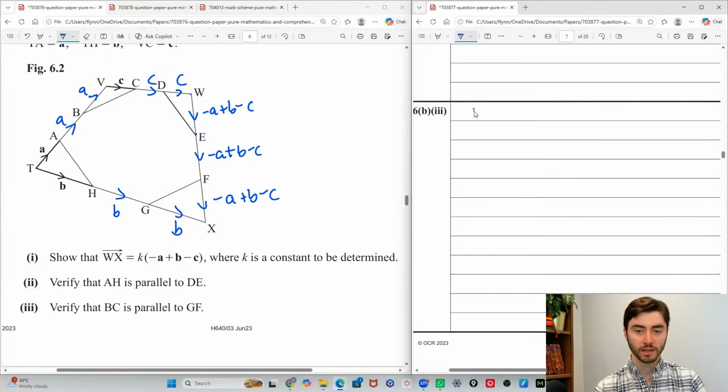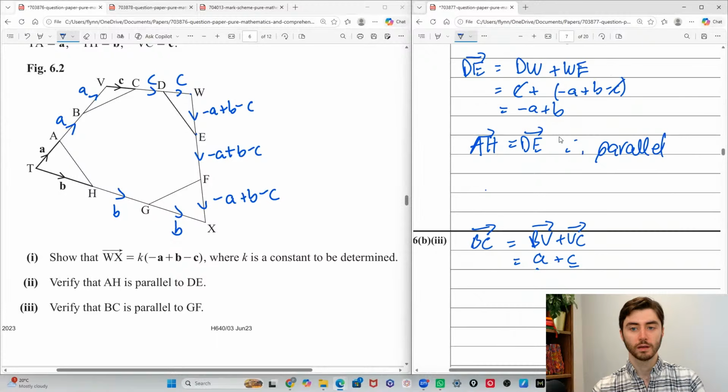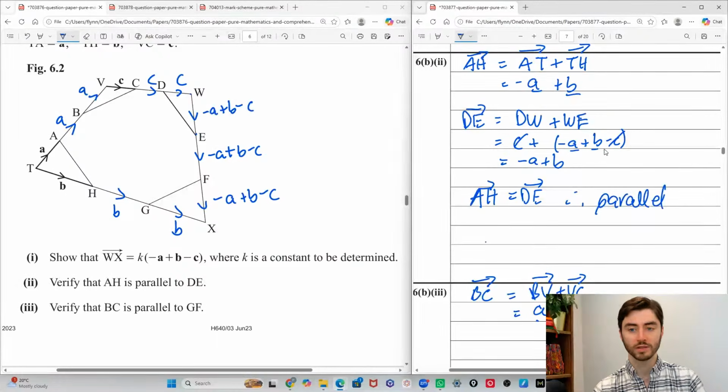Similar procedure here. Let's find BC. BC is going to be A plus C because it's BV plus VC. In fact, let me just be really good. So it's BV plus VC. So it's going to be A plus C. And again, let me be really good, and let me just underline my stuff like you should.